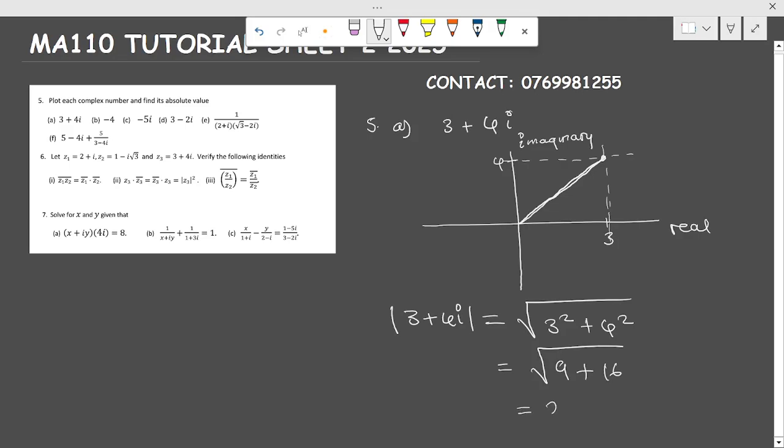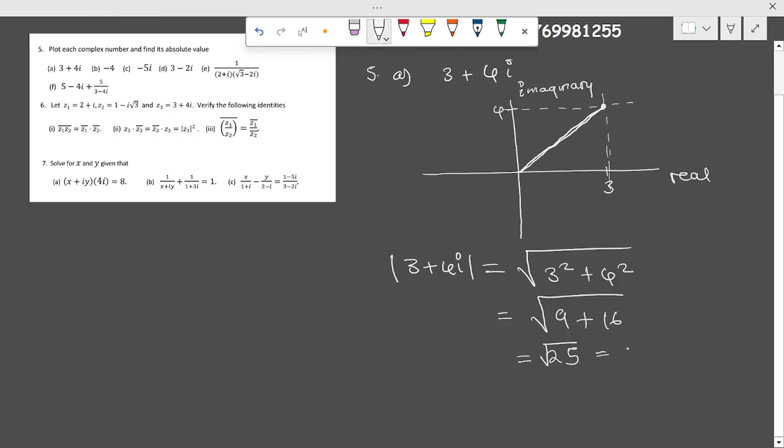This will give us 25, square root of 25, which will be equal to 5. So the 5 here is the value that is here as the hypotenuse, if you consider this as a right angle triangle. The distance from this point to this point is 5, the distance covered. Okay, so you use this same approach to solve even these other questions.